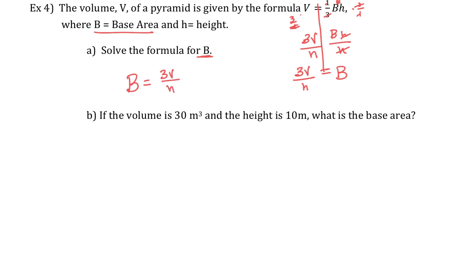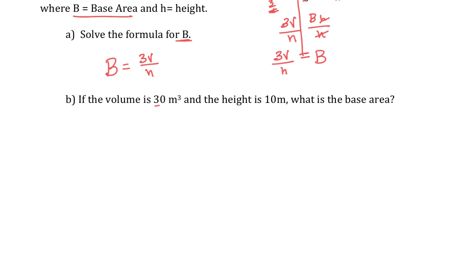Now, part B says if the volume is 30 meters cubed and if the height is 10 meters, what is the base area? So they're giving us the information we need to solve for base area. So if I take my formula that I rearranged, let me rewrite that the other way.